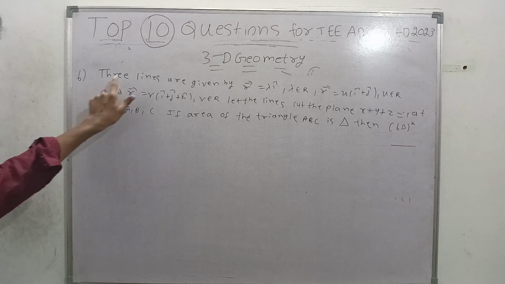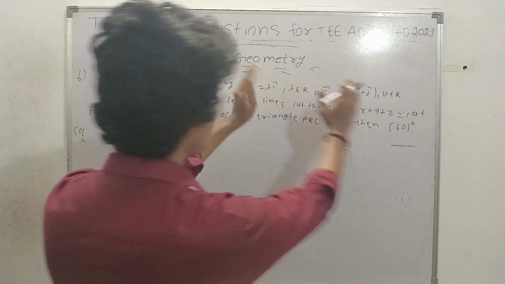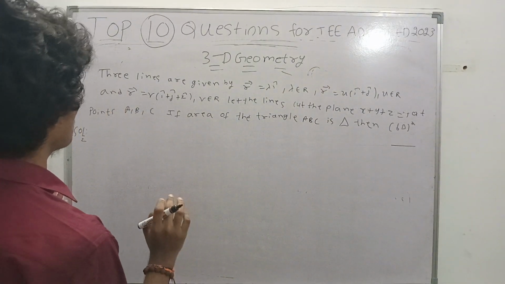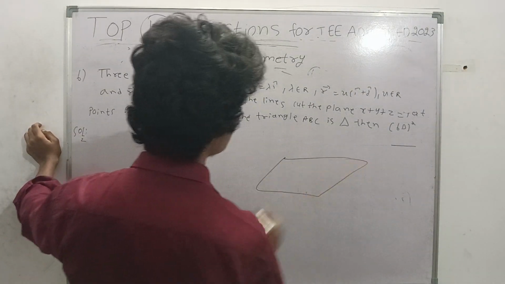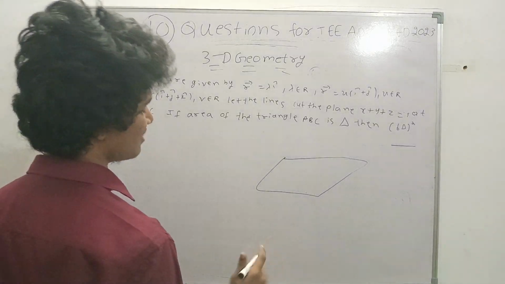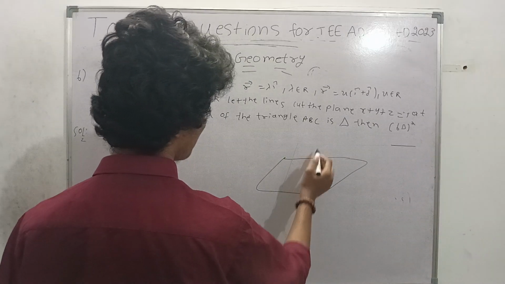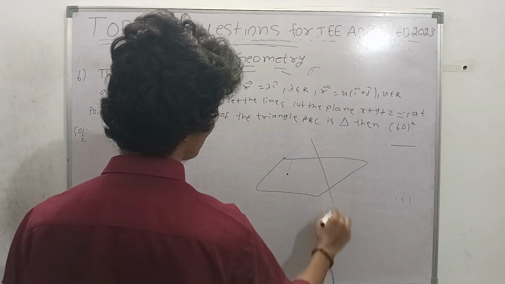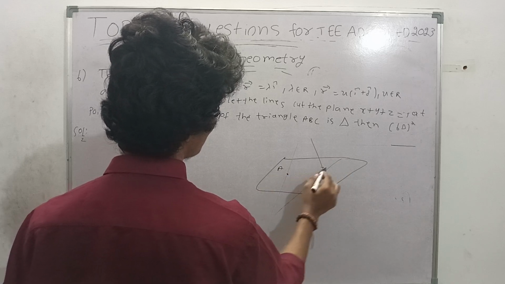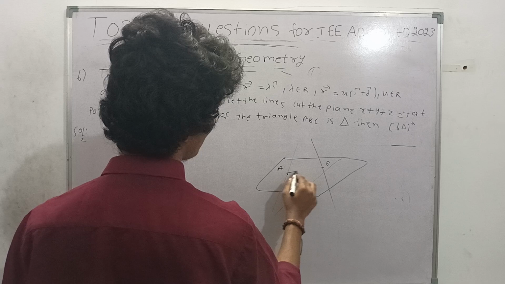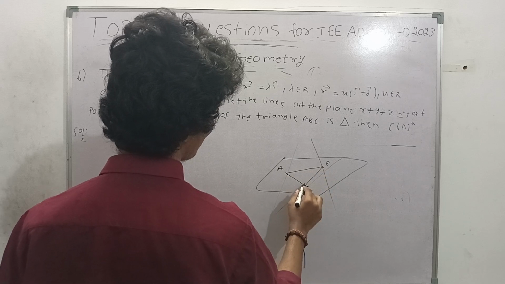What is given? Three lines are given. First we are going to understand the question. There is a plane x plus y plus z equal to 1, and there are three lines intersecting the plane. Here one point, here another point, and here another point. This is point A, this is point B, this is point C, and if you join these, you will get a triangle.